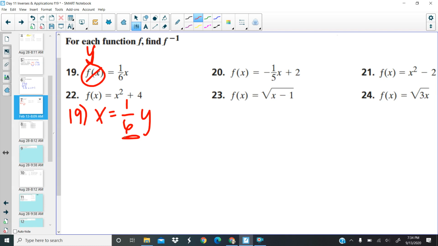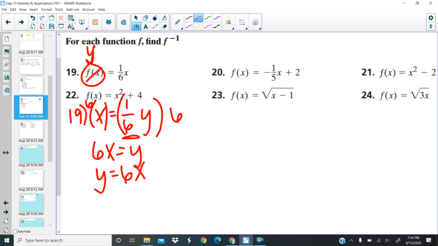So we're going to multiply both sides by 6. Then 6 times x is 6x on the left-hand side, and that equals y. And that's it. Y is by itself. If you want to rewrite it so that the y comes first, you can.